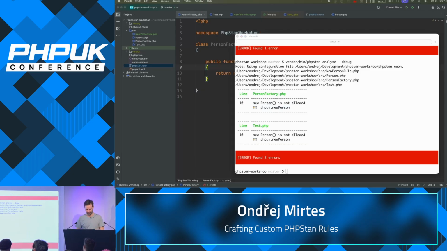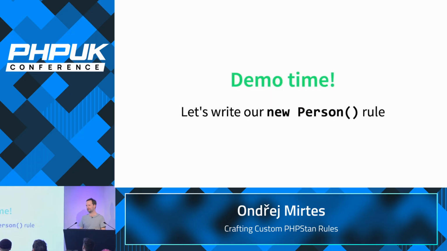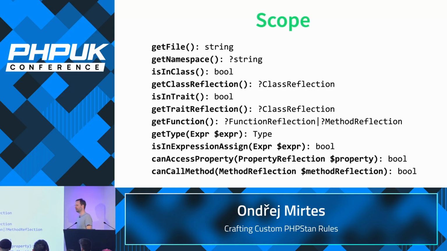So I will switch back to the slides, and I will tell you about the second parameter of the process node method, which is called the scope. And scope tells you everything that PHPStan knows about in the code, in the place where the node was encountered.